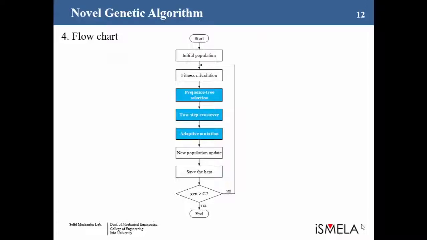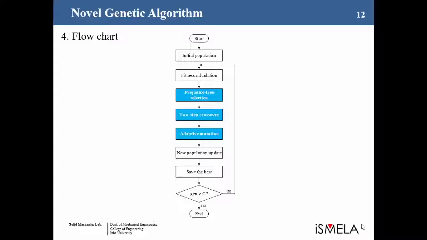The flowchart of the proposed genetic algorithm is listed here. First, an initial population is randomly generated. After that, the fitness values of individuals are calculated. After that, prejudice-free selection, two-step crossover and the adaptive mutation are carried out.